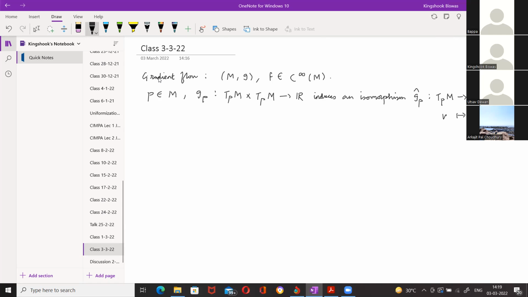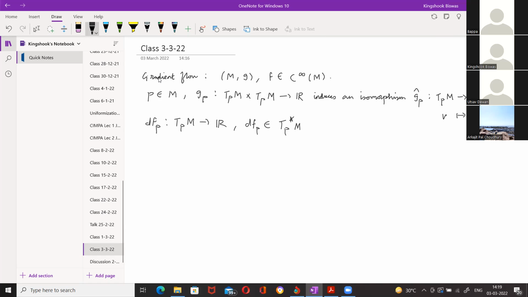This is the isomorphism. Now, if I look at df at p, this is a linear map from T_pM to R. So df at p belongs to T_p*M.